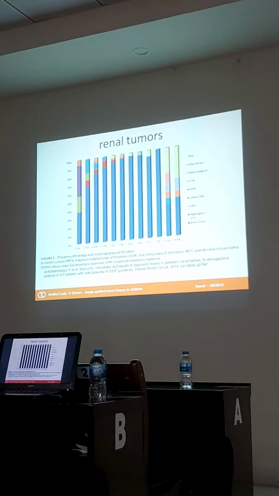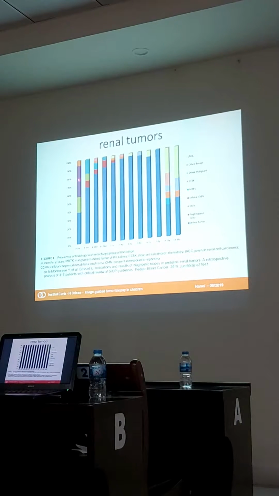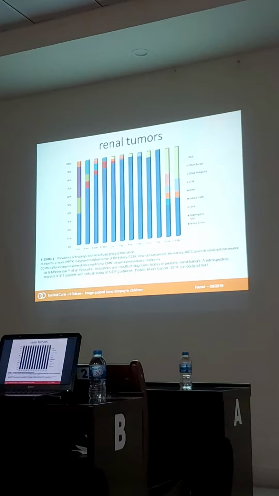In the first 3 months of age, you have only half of the patients who have Wilms tumor, but you also have here congenital mesoblastic nephroma and also cellular congenital mesoblastic nephroma and very rare sarcomas.